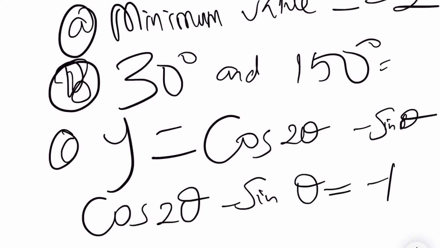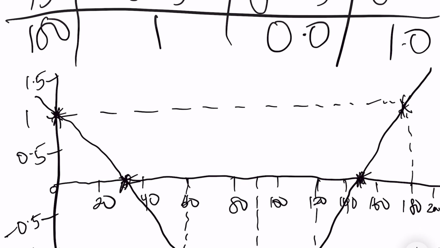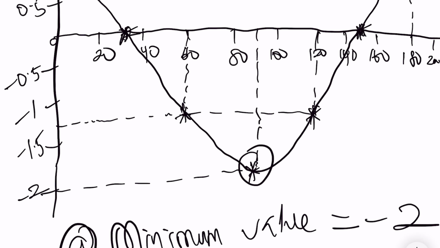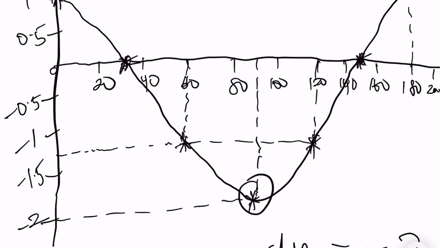Now it is where cos 2 theta and sin theta intersect at point y. Now where y is minus 1, this is where y is minus 1.